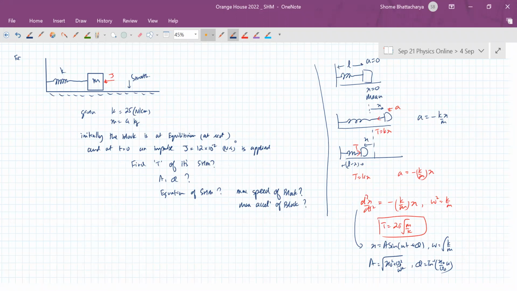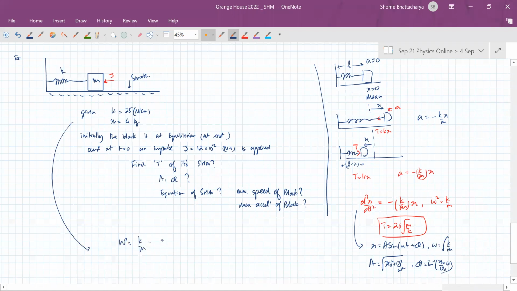Yes, very good. That's correct, Aruja. So we will directly apply the formula here. For spring mass system, omega square is k by m. Only thing is make sure to convert to SI units. So omega is 25 radians per second.